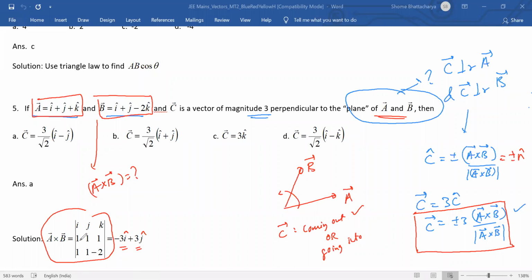And k cap is 1 minus 1, so it's 0 k cap. So it's 3 i cap plus 3 j cap. This is your A cross B. So this one's unit vector n cap will just become 3 i cap plus 3 j cap divided by its own mod.